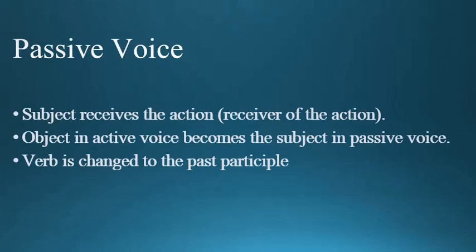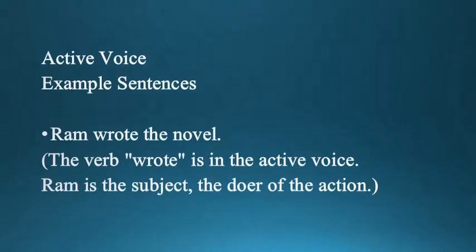We'll see examples and the change of verb also. This is a very important change you have to know. The verb in active voice is in base form, while in passive voice it changes to the past participle form, that is the V3 form of the verb.